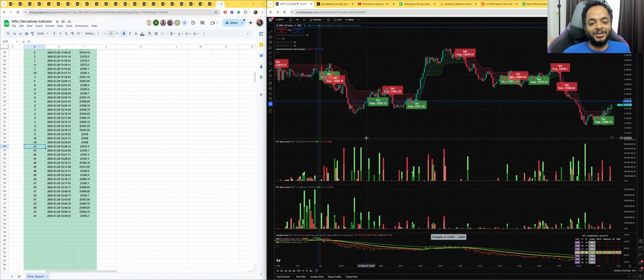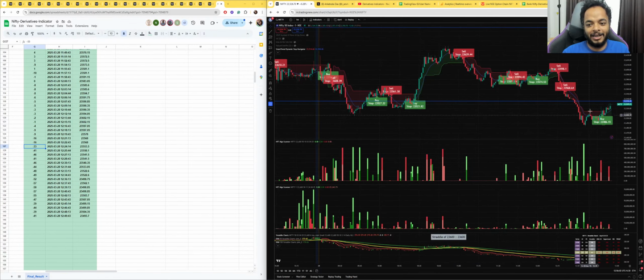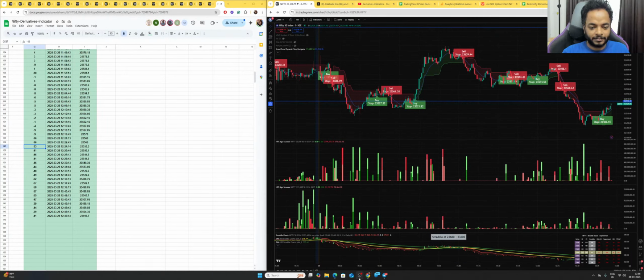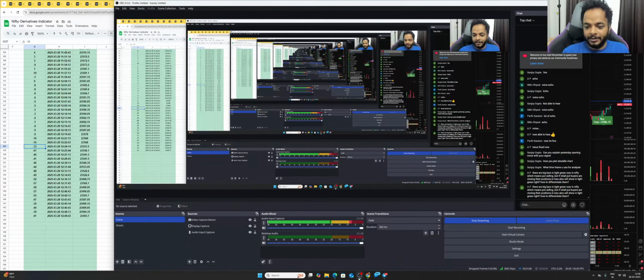Yes, I did not post this on a public platform, I agree. If you don't want to believe, please don't believe. But these two are on a public platform, especially this one live, and this one is on X at 10:51. Okay, so yes, there are big bars in light green now in Nifty, which means put selling.